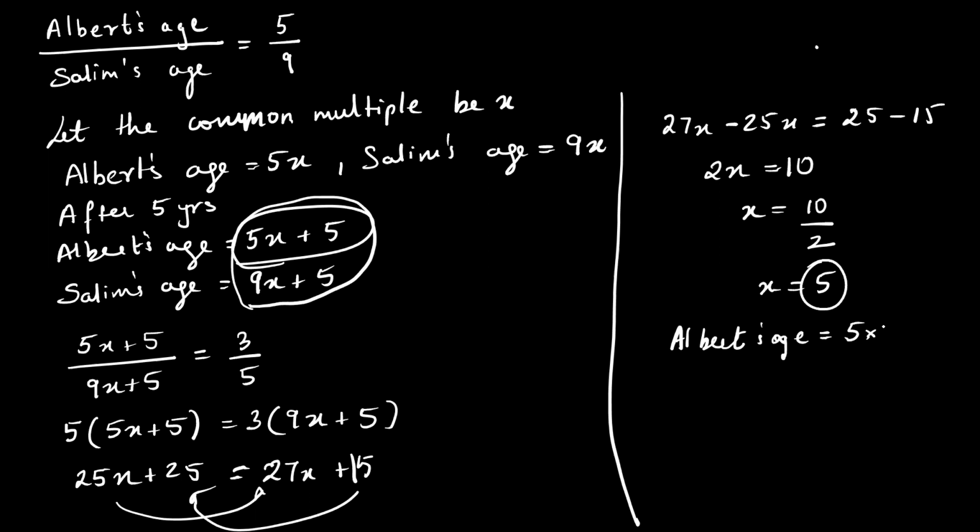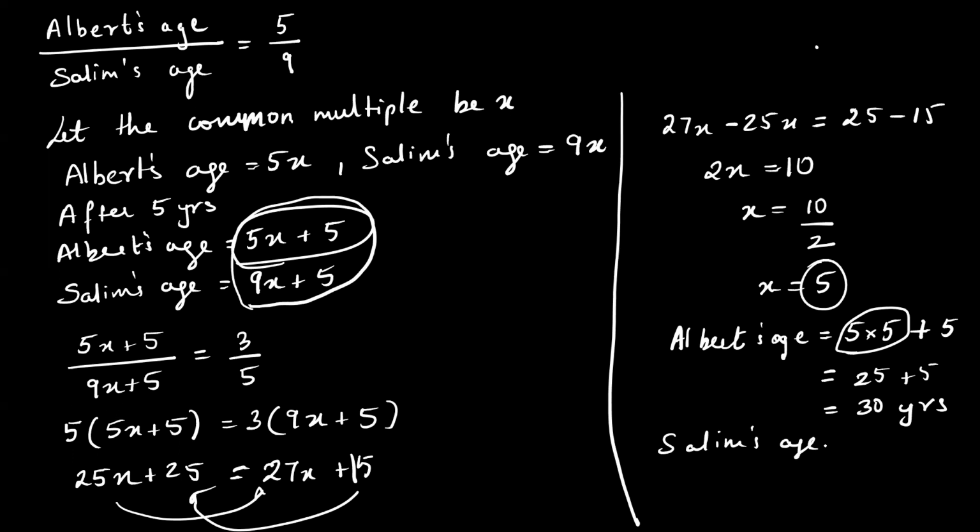So 5 into 5 is equal to 25. Plus 5 years, no? तो plus 5 ही करेंगे. So this will be 25 plus 5, so 30 years. And Salim's age 9 into 5 plus 5 equal to 45 plus 5, so 50 years. Yes, sir. Okay.